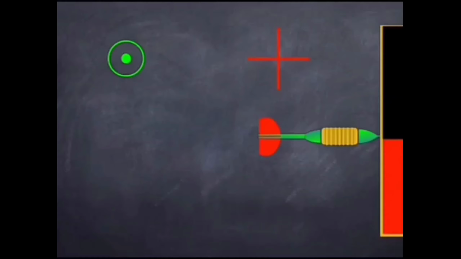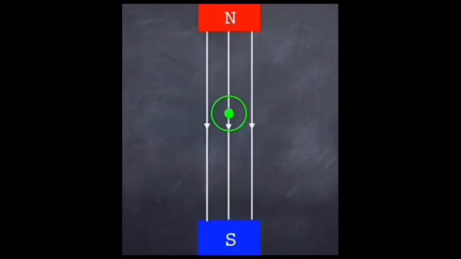The direction of the current is represented by these two. In this example, the current is pointing right at you and the magnetic field is pointing downward, meaning the movement of the wire is going to the right.